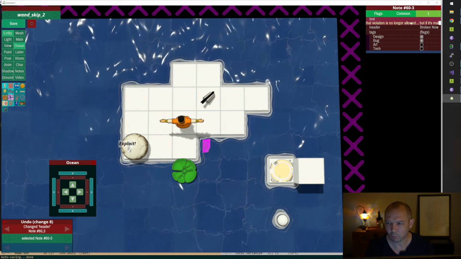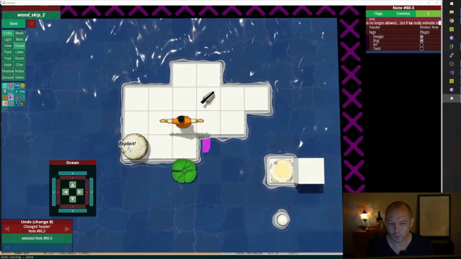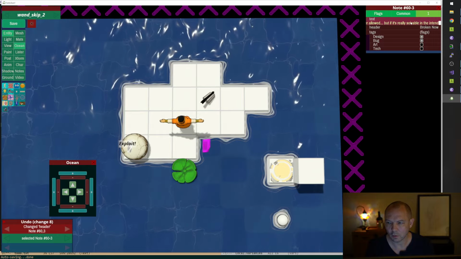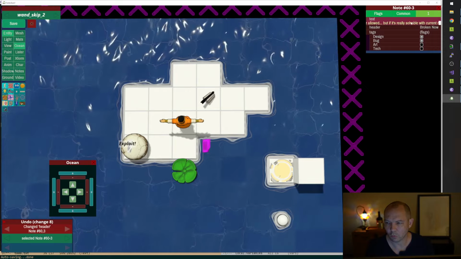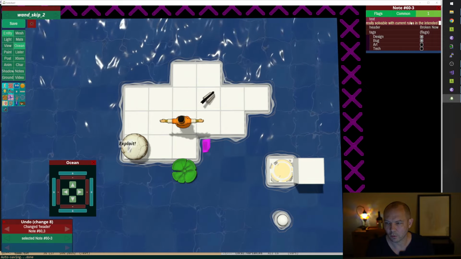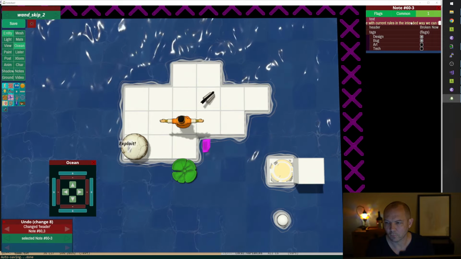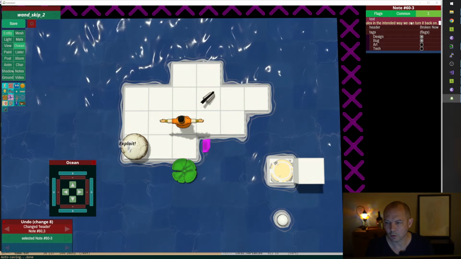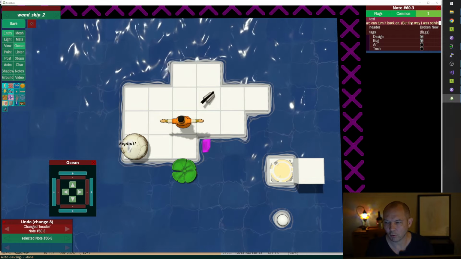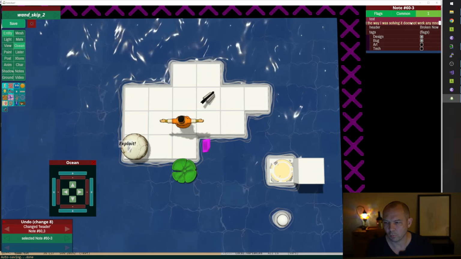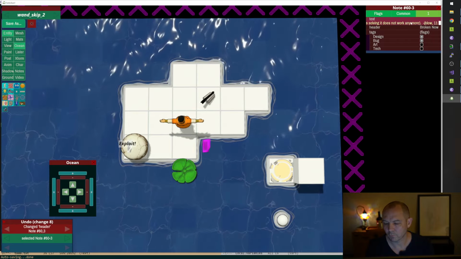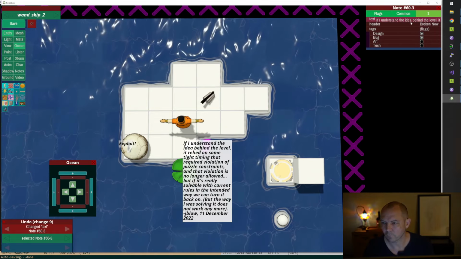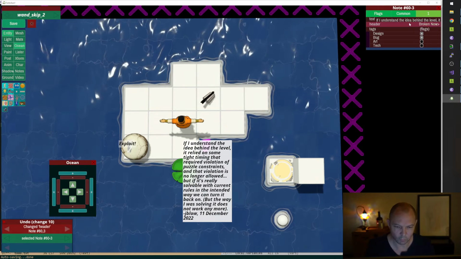But if it's really solvable with current rules, the way I was solving it does not work anymore. Okay, broken now, question mark.